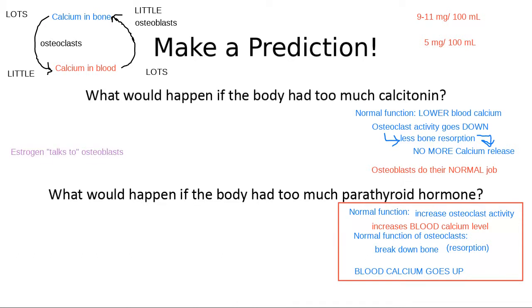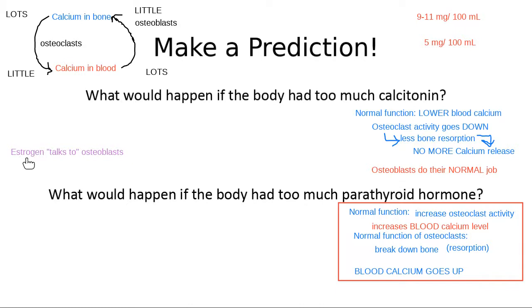Estrogen makes my osteoblasts get more active. That's one of their jobs. And you can actually see the effect of estrogen when you look at what happens when a woman goes through menopause, because then we stop releasing estrogen.